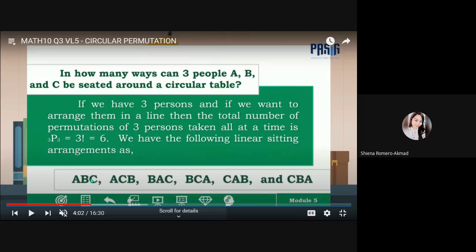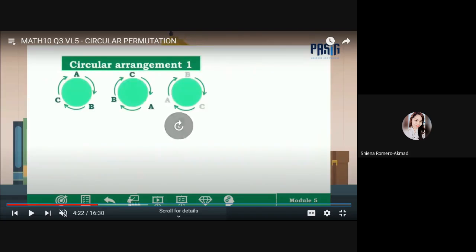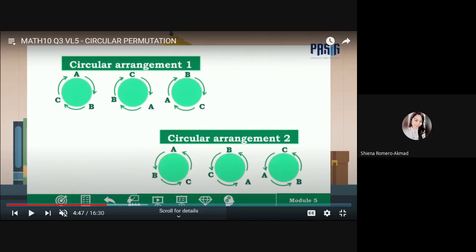So pwede natin sabihin anim. Pero if they are arranged in a circular table or in a round table, it doesn't make sense kung nagpalit kayo ng pwesto pero yung nasa kanan mo at nasa kaliwa mo ay pareho pa rin kasi it's still the same arrangement.